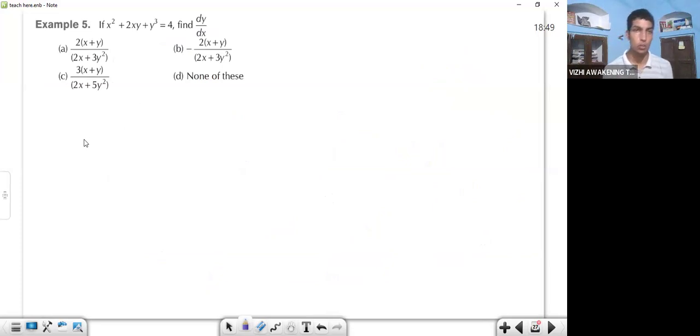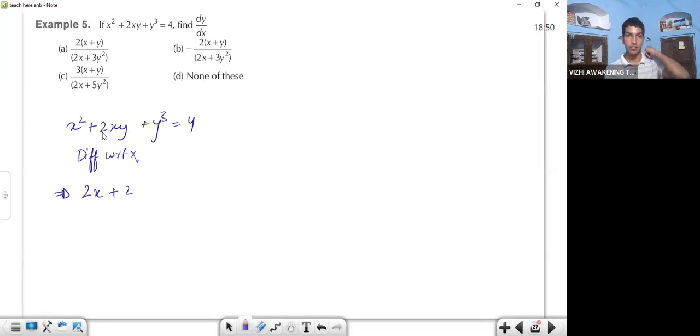We have to do nothing, just write it as it is given, and then differentiate both of its sides with respect to x. So x square will become 2x, plus 2.